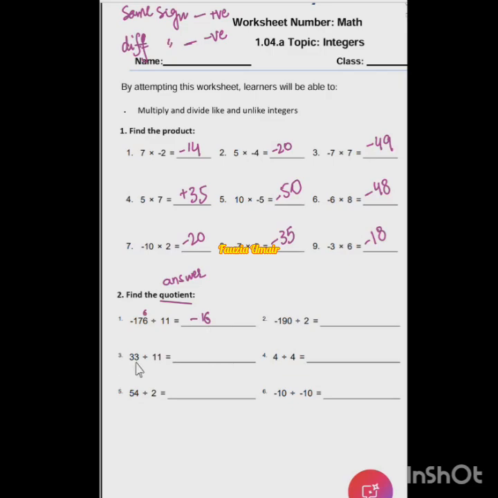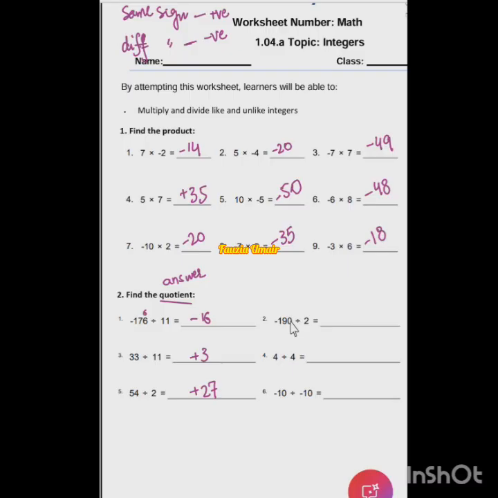So 33 divided by 11. Ma'am, the answer will be plus 3. Very good. 54 divided by 2. The answer will be plus 27. Very good. So minus 190 divided by 2.